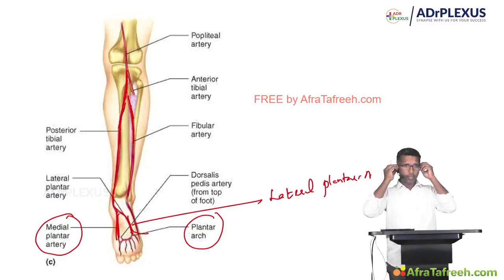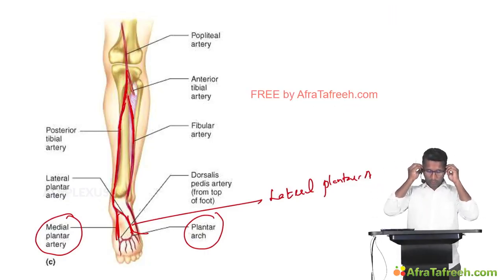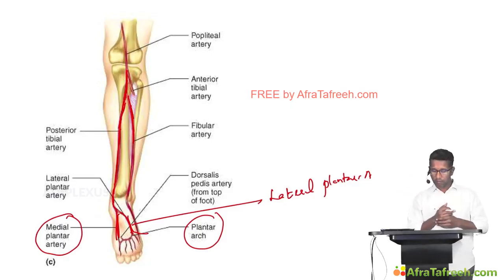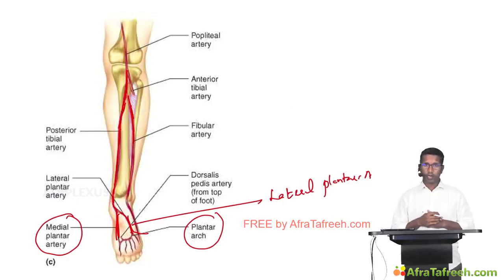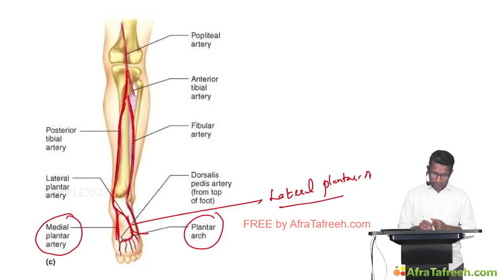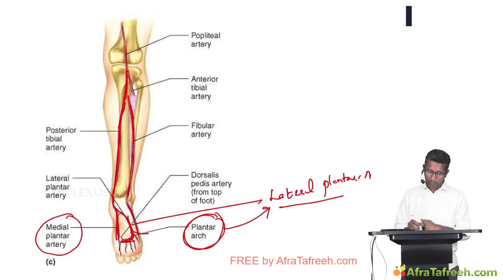The lateral plantar artery and the medial plantar artery are the two terminal divisions of the posterior tibial artery, and the lateral plantar artery is the one which forms this arch. That arch is called the plantar arch. If somebody asks you what the plantar arch is and how it is formed: the plantar arch is an arterial arch present in the foot, formed mainly by the lateral plantar artery.